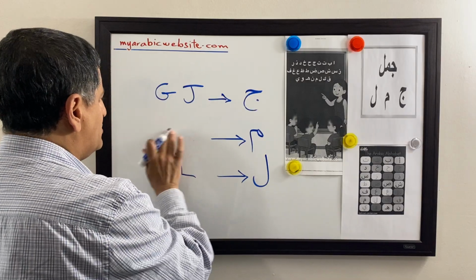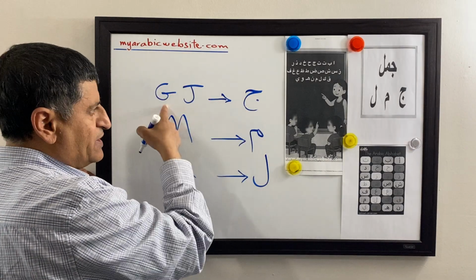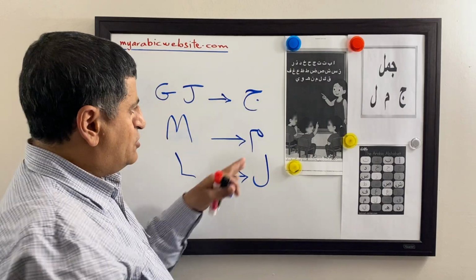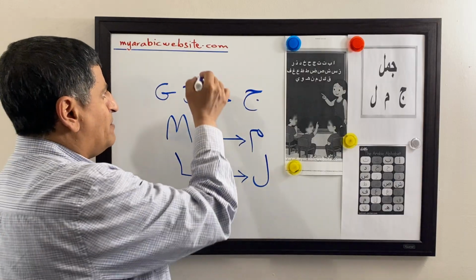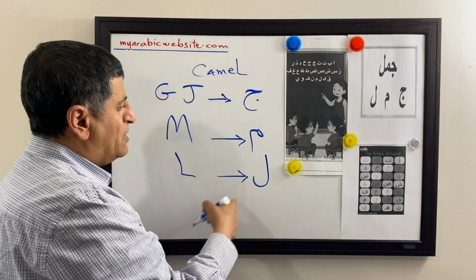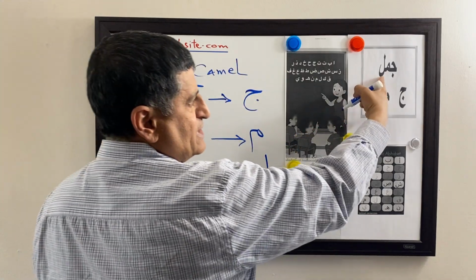It doesn't matter, it's just a sound. So we have Jim like the G sound, M like M, L like L. Jamal means camel in English.